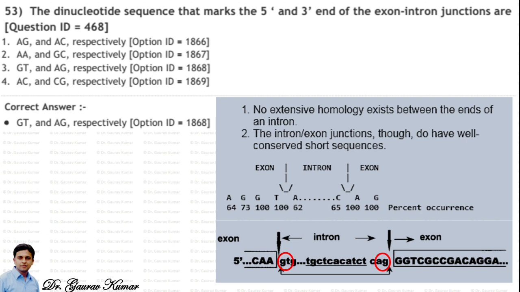There is no extensive homology between the ends of introns, but the intron-exon junctions do have a well-conserved short sequence, as you can see. And the question is marked by that red arrow. The GT and the AG respectively are present at the 5' and 3' ends of the intron.